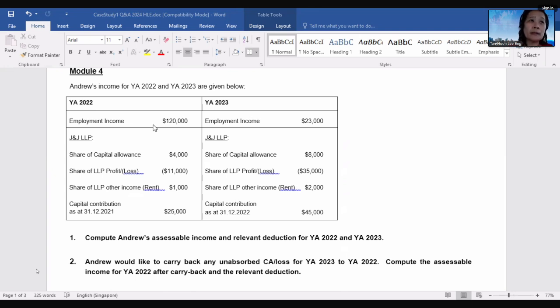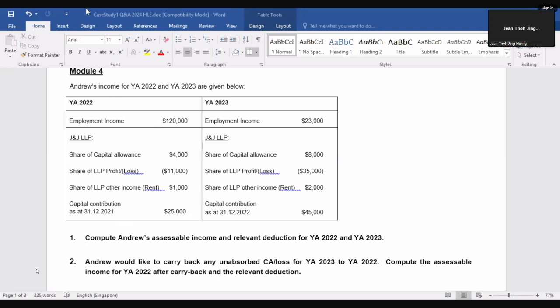On top of that, the relevant deduction is no longer 21,000 already. It has dropped because we have deemed the income as 1,000 and the trade loss is 1,000. So we will have to deduct the relevant deduction: 21,000 less 1,000 will be 20,000.